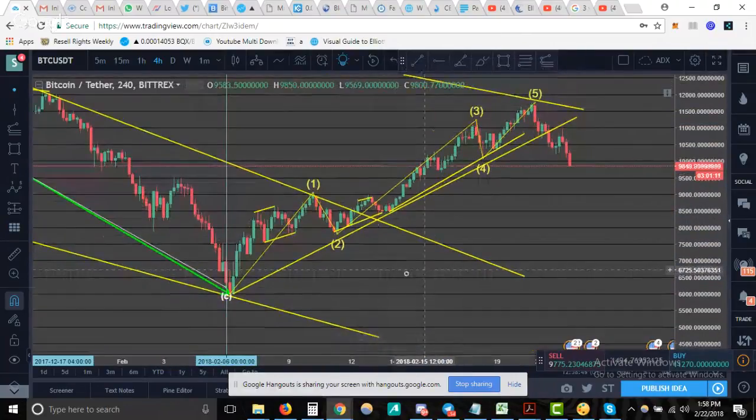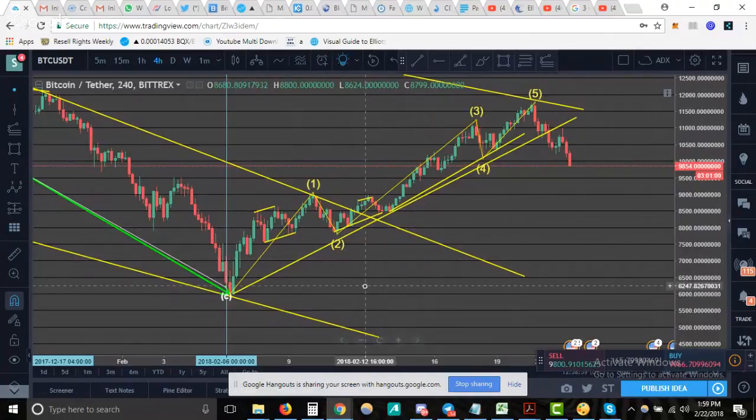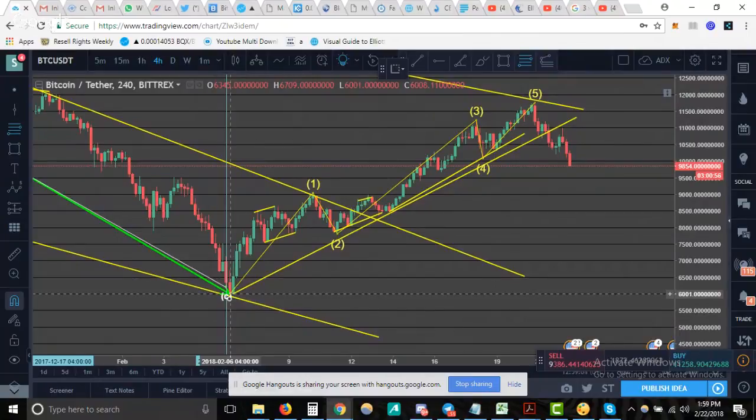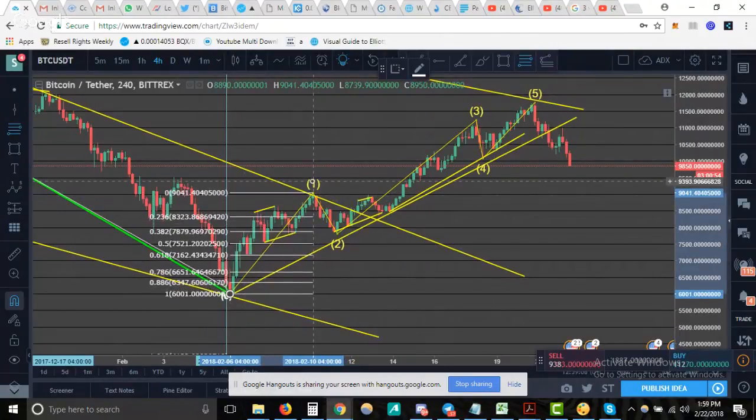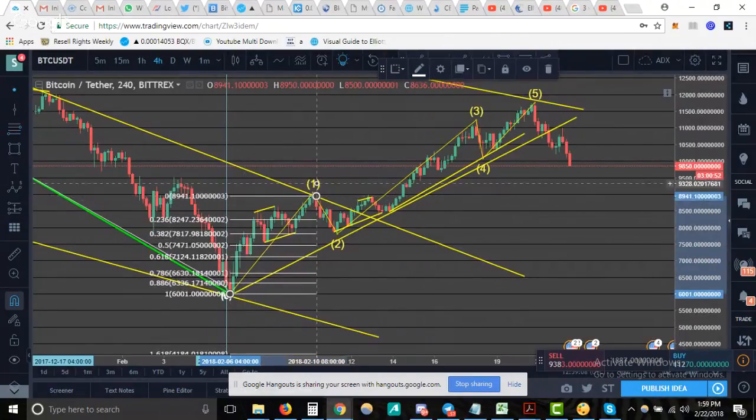So looking at it here now, we can see that this one is expected to retrace between 0.38, 50% to 61.8%. So if we measure our Fib from here to here, you can see this is at 0.38, so this is acceptable.